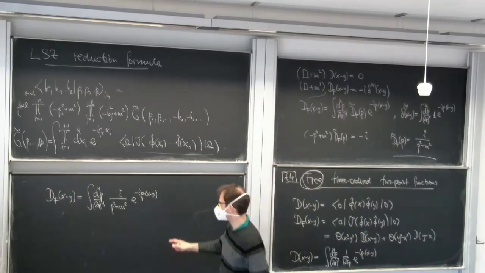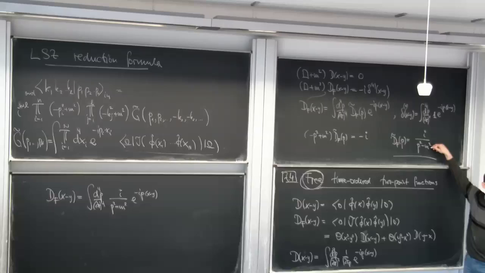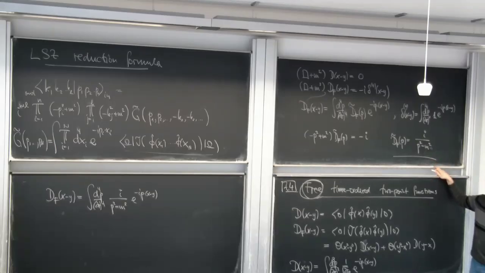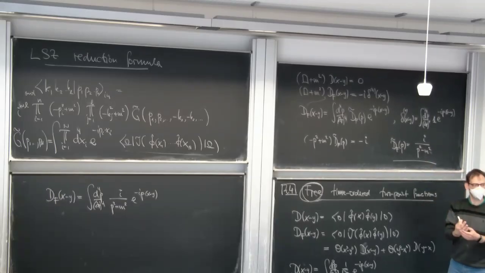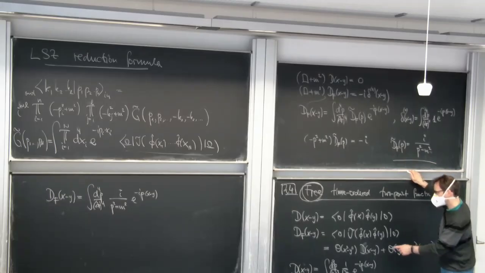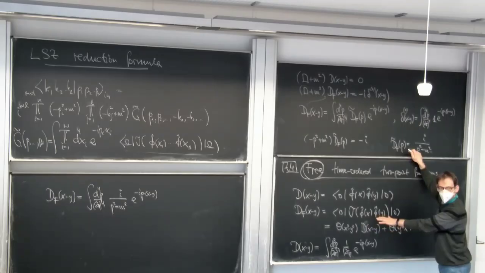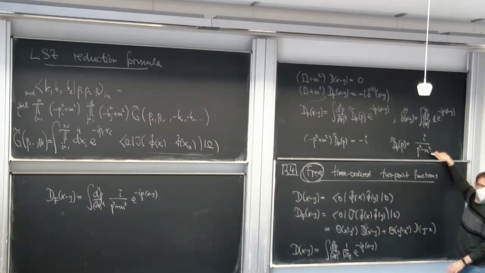Before that, we will appreciate this denominator. How big is that denominator? Like p squared minus m squared. If p is an on-shell momentum, p squared is m squared, so we have exactly the pole. So this is a time-ordered 2-point correlation function, and we see that its Fourier transform has this pole.